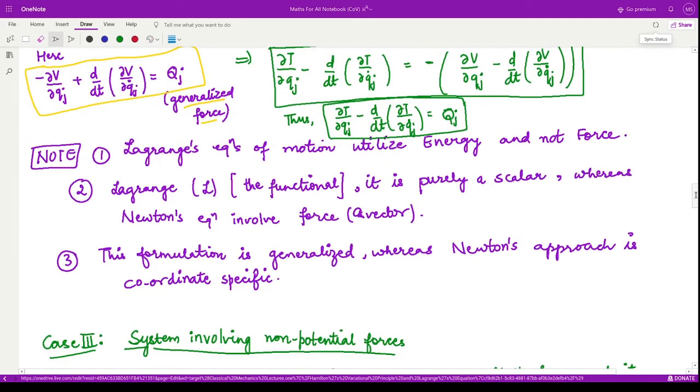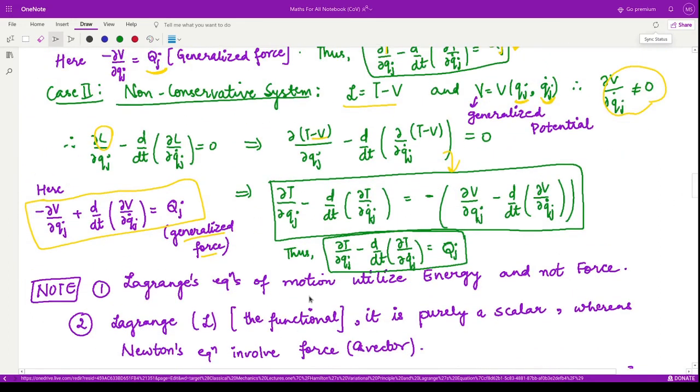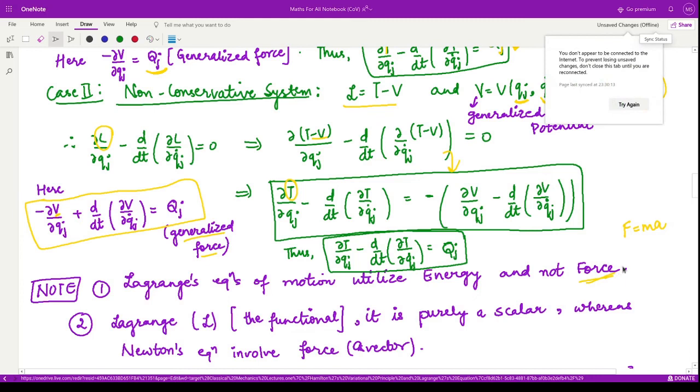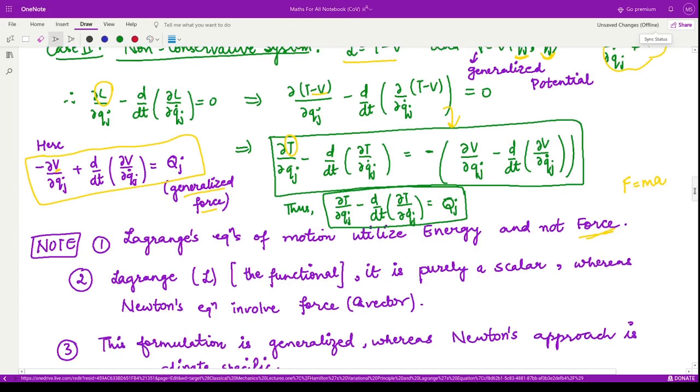So you saw in Lagrange equation of motion, we have the concept of energies, the associated kinetic energies and potential energies. But in Newton's laws, we have the definition of force as mass into acceleration. So here forces are used to define the motion, whereas in Lagrange equations, we have energies which define the system.